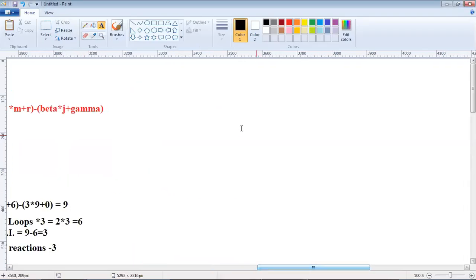So next, let's take another frame. For example, this is our frame.